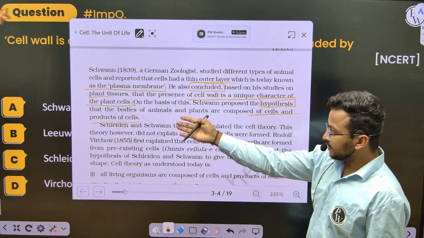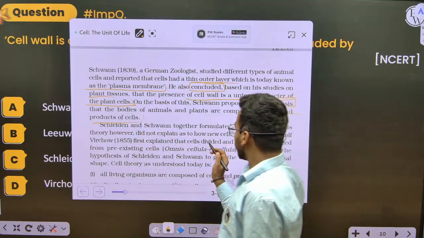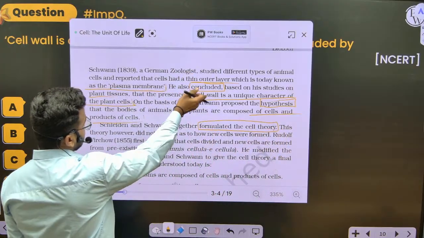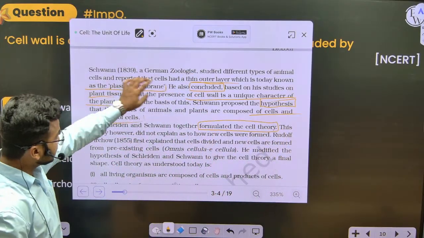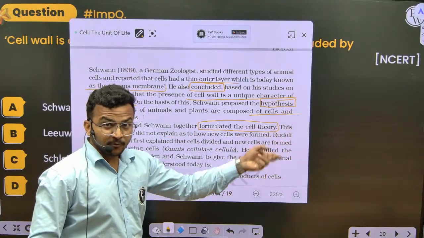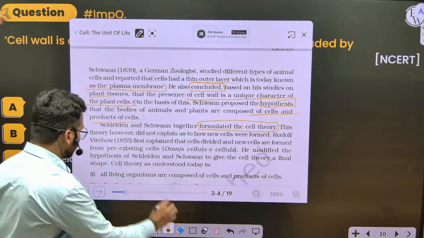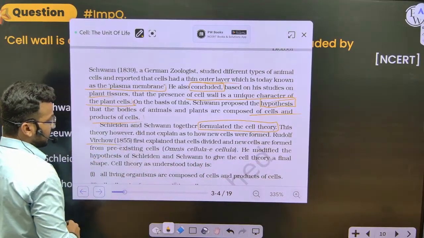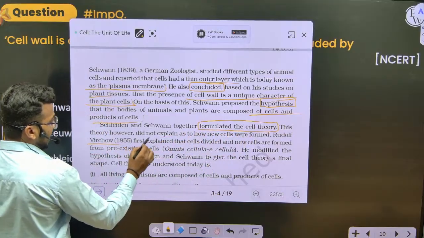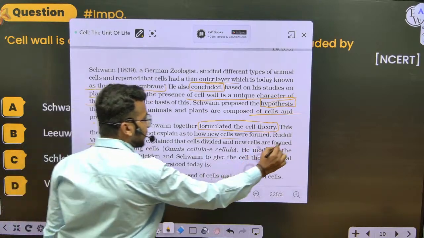After this analysis, Schleiden and Schwann together formulated the cell theory. By considering his statement and his statement, they formulated a cell theory. But it was modernized, meaning it was improved. The new cell theory was given by Rudolf Virchow. The formulated cell theory, however, did not explain how new cells are formed, so it was explained by Rudolf Virchow.